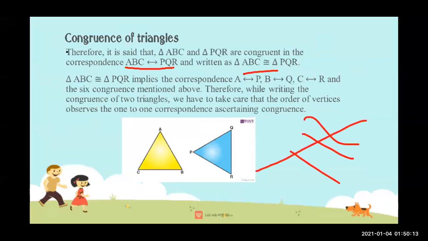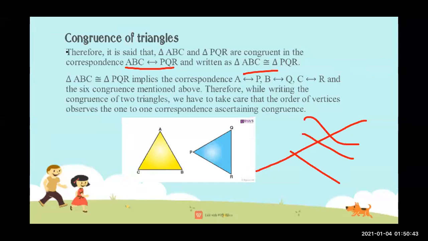Is it clear? Okay. Now the last point: triangle ABC congruent to triangle PQR implies the correspondence, that is, A corresponds to P, B corresponds to Q, C corresponds to R, and the six congruences mentioned above. Therefore, while writing the congruence of two triangles, we have to take care of the order of vertices.